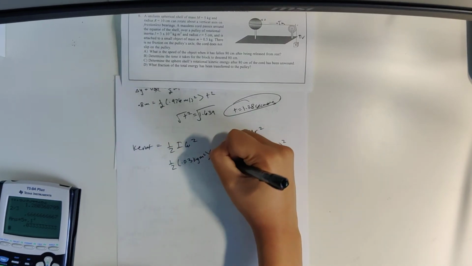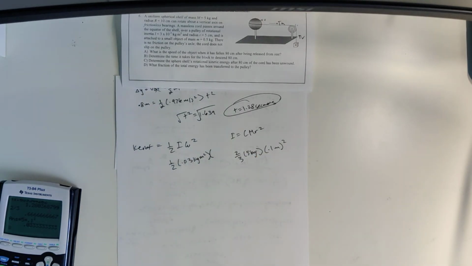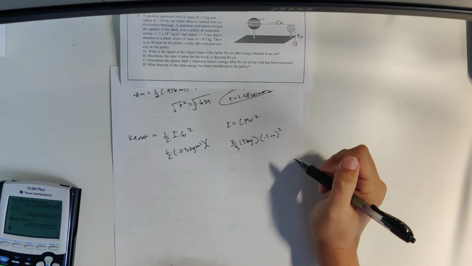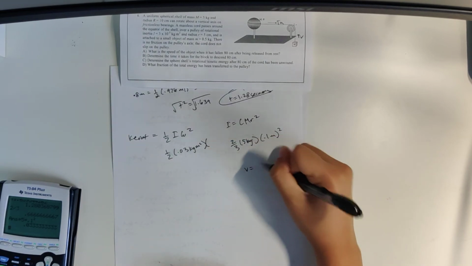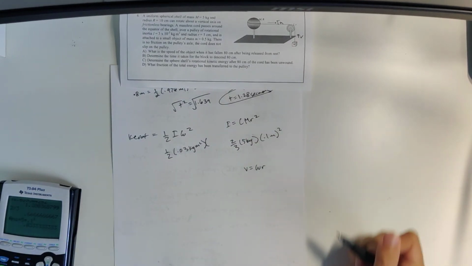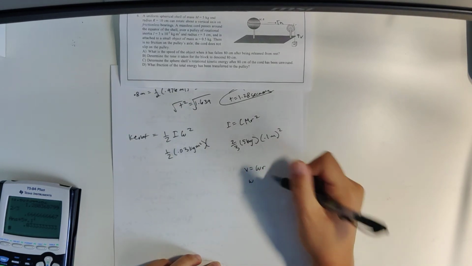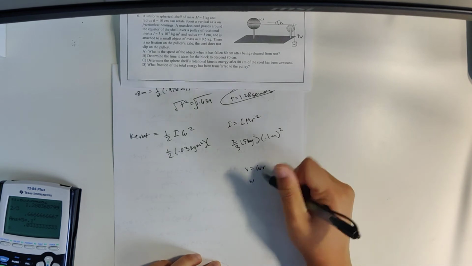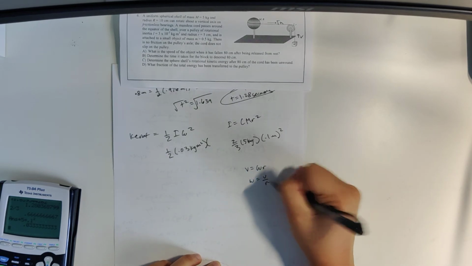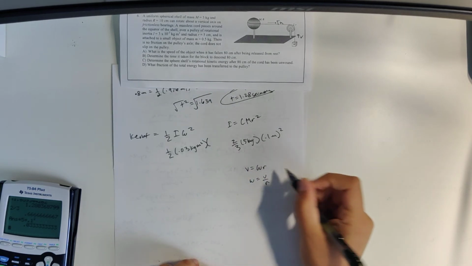And then for your angular velocity right there, remember the formula v equals omega r. Angular velocity is equal to v over r right there. So let's see.